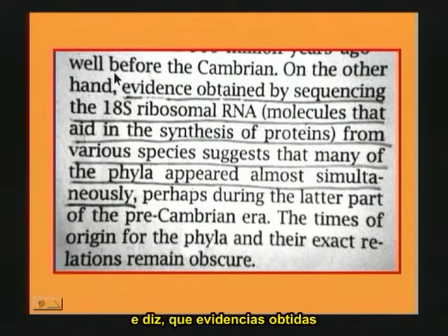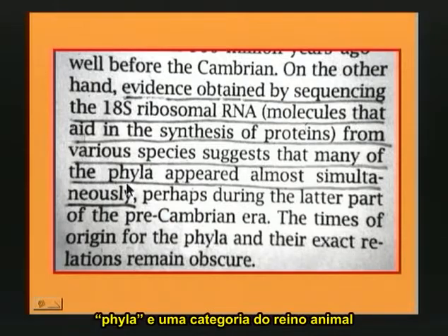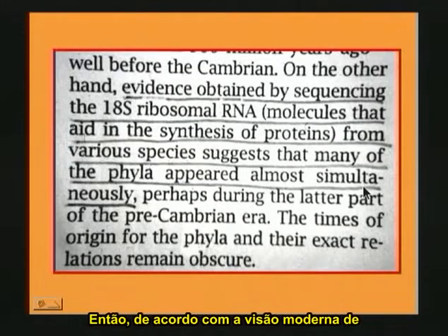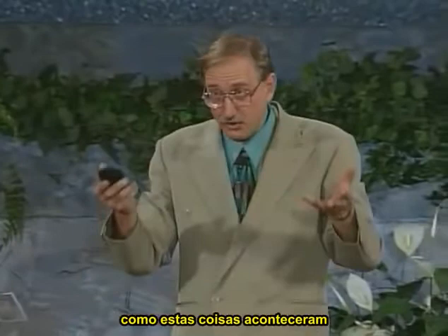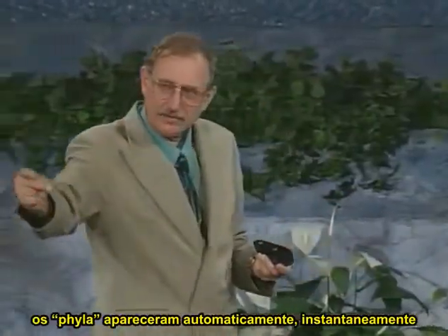He says that testing the ribosomes and ribosome RNA from various species suggests that many phyla, and that's a big category of animal, appeared almost simultaneously. Boom. So, according to the modern view of how things happened, the phyla appeared instantly.